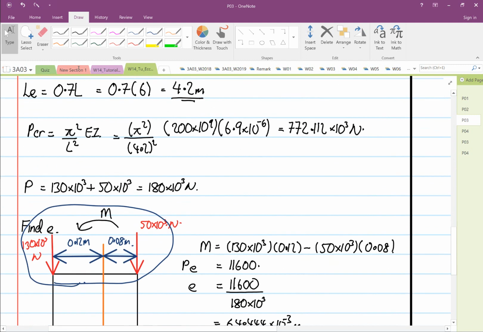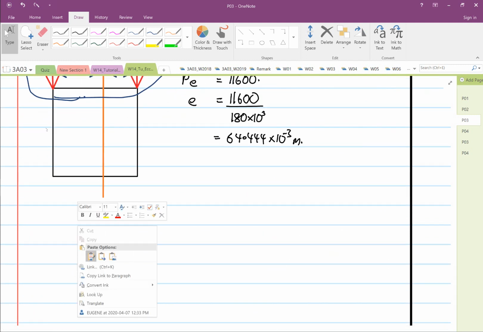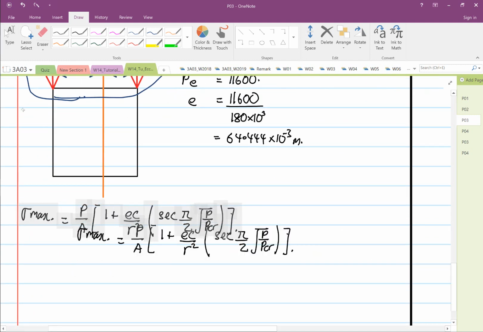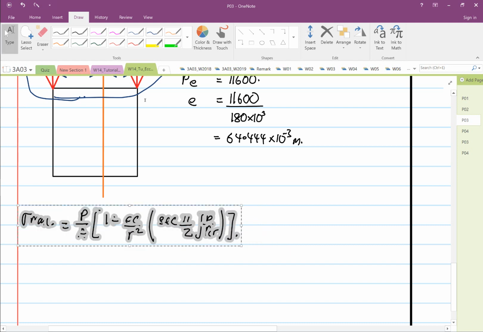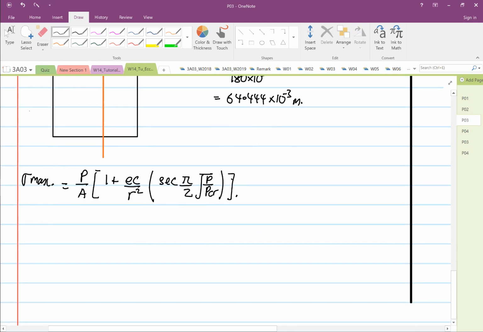The stress max: P is 180 times 10 to the power 3, divided by area 3 times 10 to the power minus 3, times 1 plus E, which we found, 64.444 times 10 to the power minus 3, times C, where C is equal to 0.06.